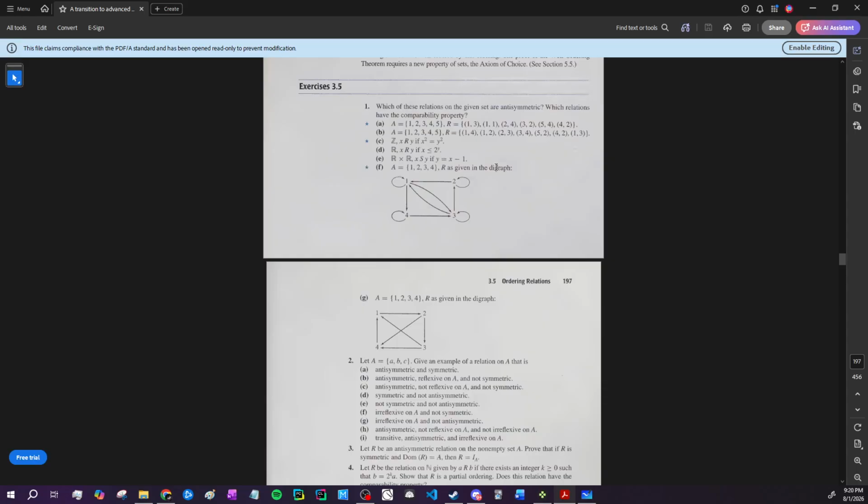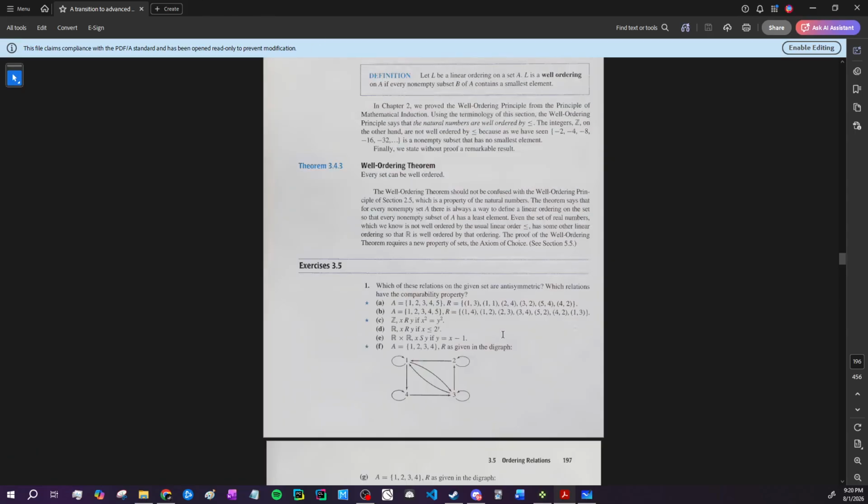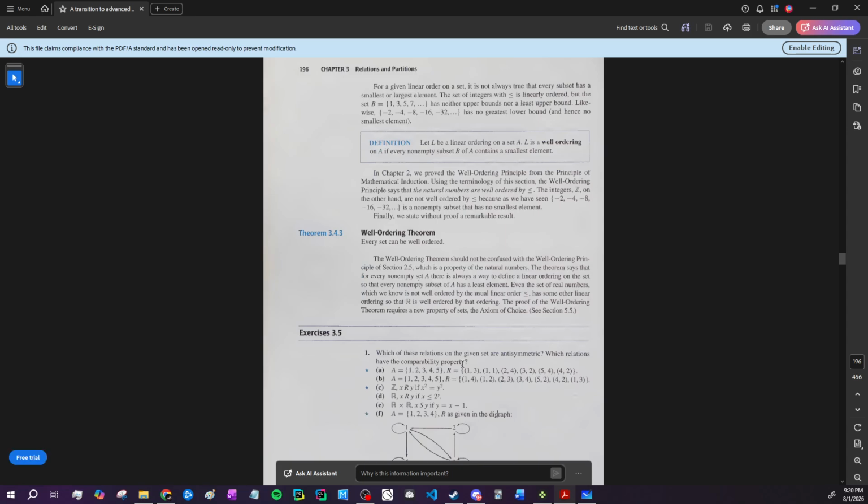So looking at the relation R. I'll scroll up to see. The question is asking us which of these relations on the given set are anti-symmetric.